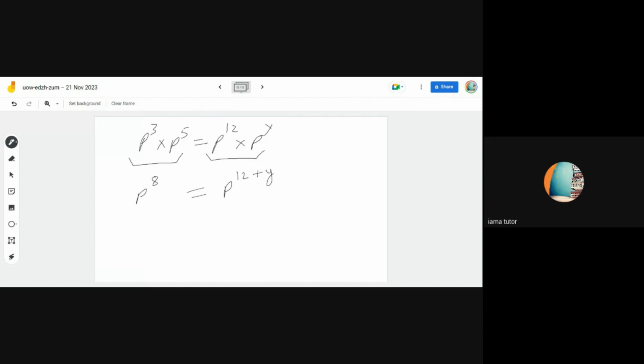Now we have to use another law: if the bases are the same, then the powers are also the same. This is not a law of indices, it is general mathematics. Maybe you can take a note of it. So the bases are the same, which means the powers are the same, so 8 equals 12 plus y.